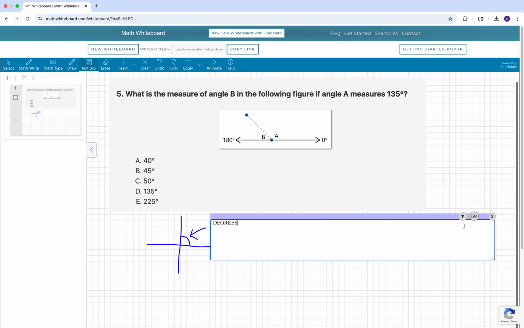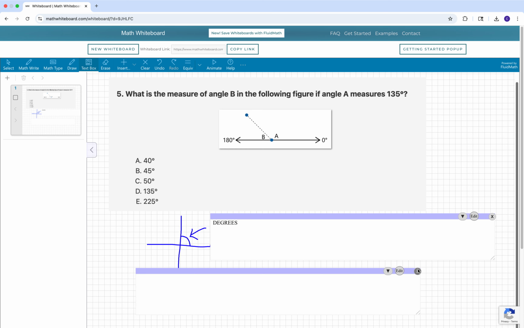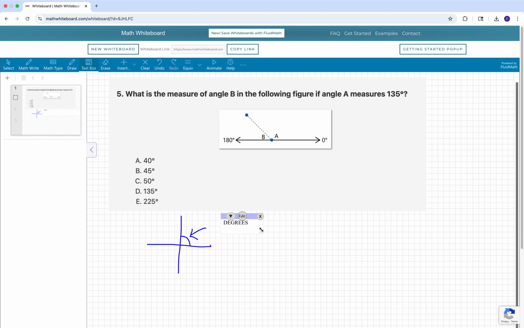degrees. Wow, this text box is massive. If I set something at 90 degrees, we don't write the whole word degrees out.